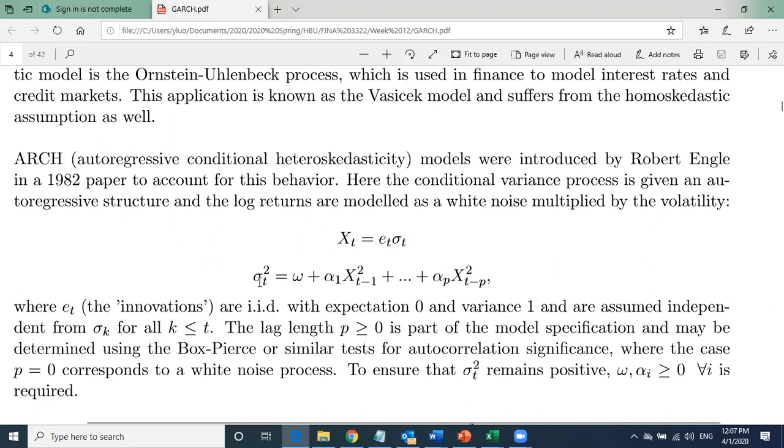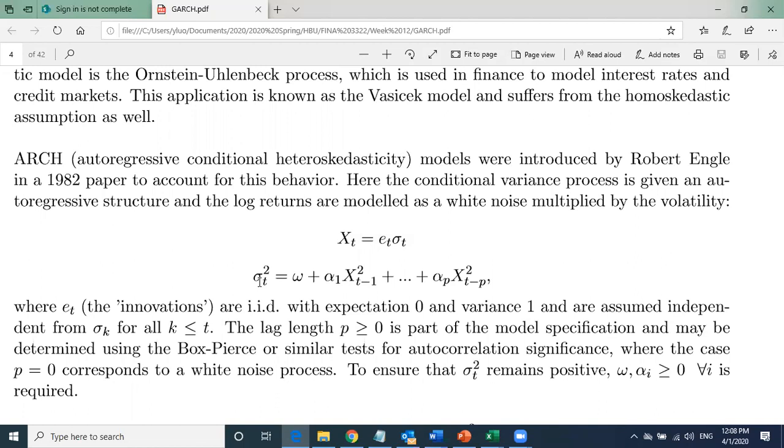For example, for the stock volatility today, the return of yesterday has more weight, or the returns of the past weeks have more weight, rather than the weight from a month ago.